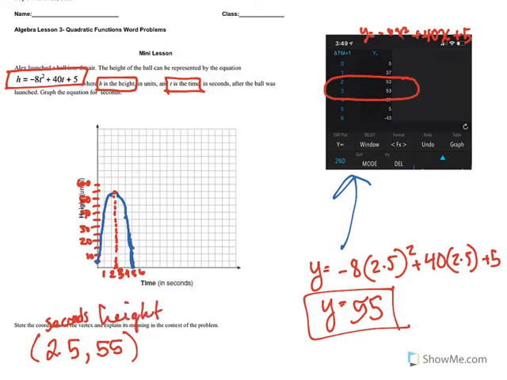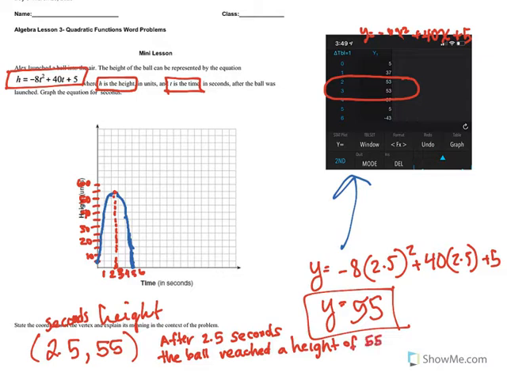So this point means that after 2.5 seconds, okay, the ball reached a height of 55, okay, or anything, you don't have to necessarily use those exact same words, as long as what you wrote has the same meaning.